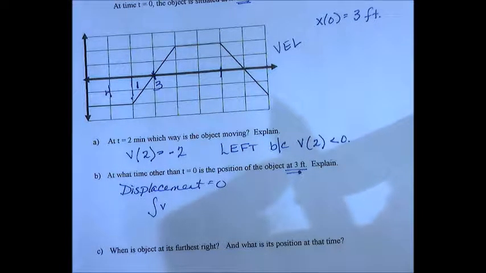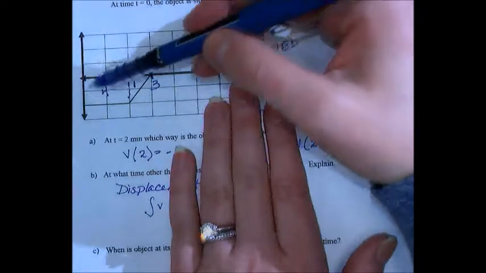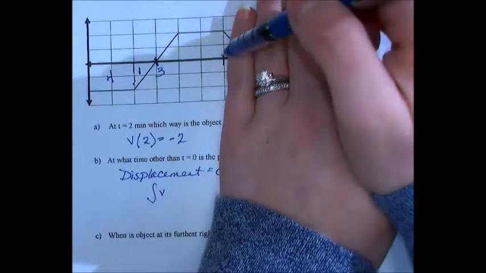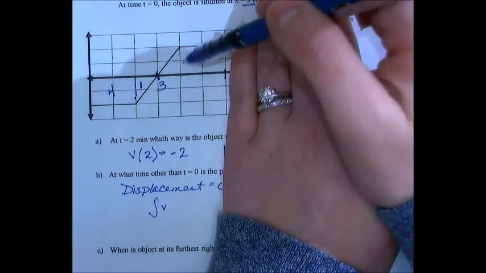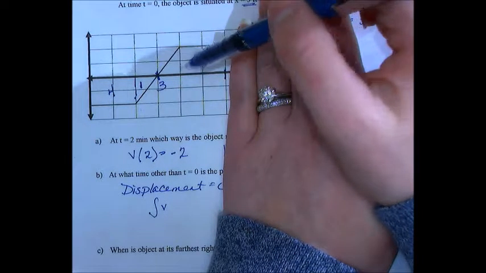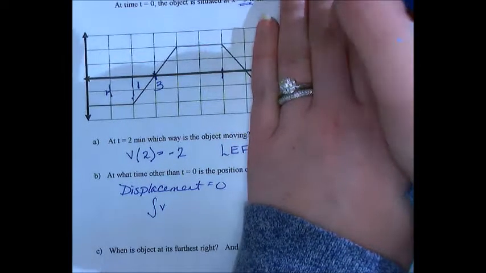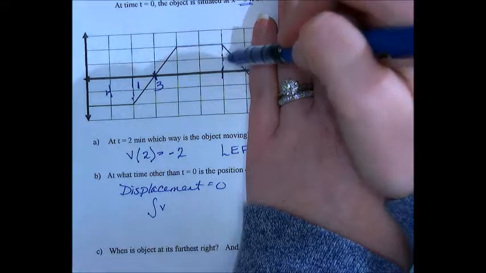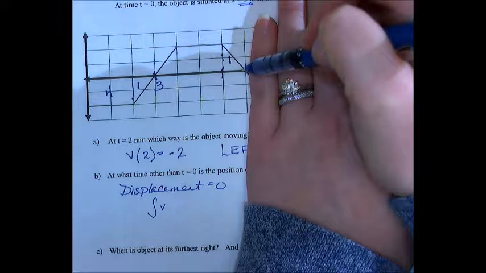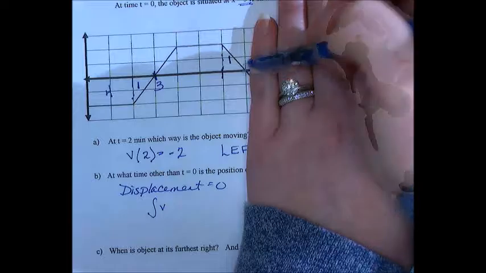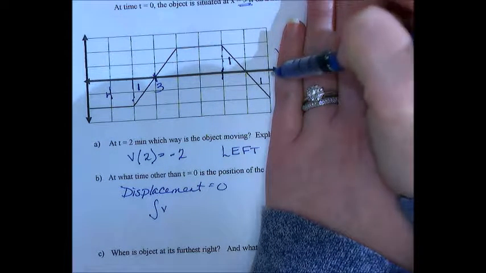Now, what we have to be careful of is we have to keep looking at this graph. So right here, I'm back at a position of 3 feet because the displacement is 0. The area over and under is equal, so that displacement is 0. So now I'm moving another, this triangle here has an area of 1. So now I moved 1 more foot to the right, but look at, you end with moving 1 foot to the left.